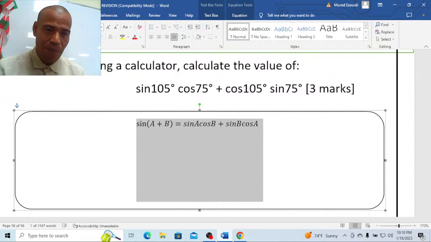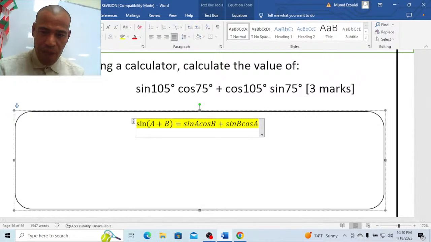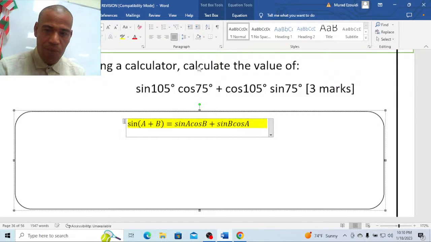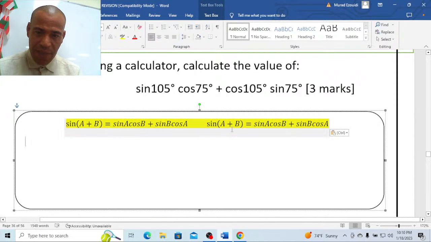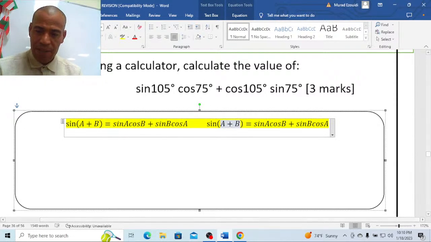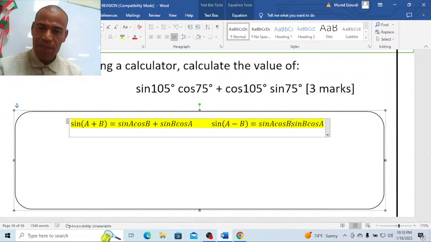You should be familiar with this. Now the second one: sine A minus B is equal to sine A cosine B minus sine B cosine A.